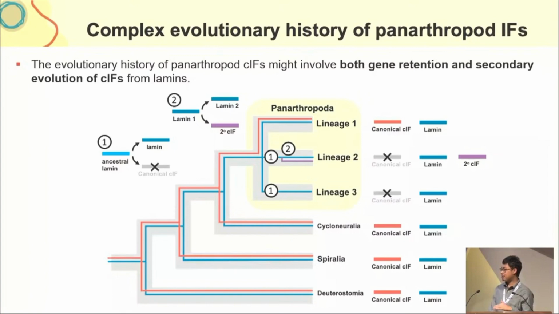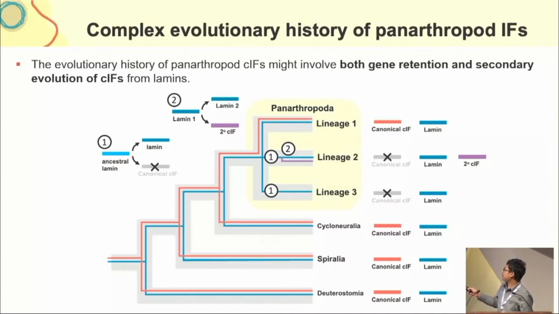According to several previous leads so far, now we know that most bilaterian cIF seem to have evolved from a duplicated lamin, since the duplication event in the common ancestor of all bilaterian. And after this event, both lamin and cIF have been retained in most of the bilaterian lineages.